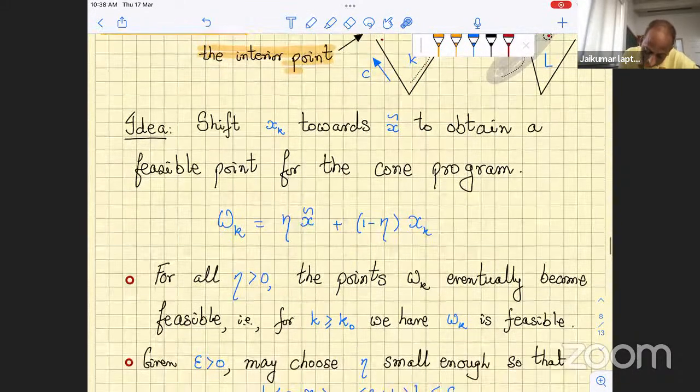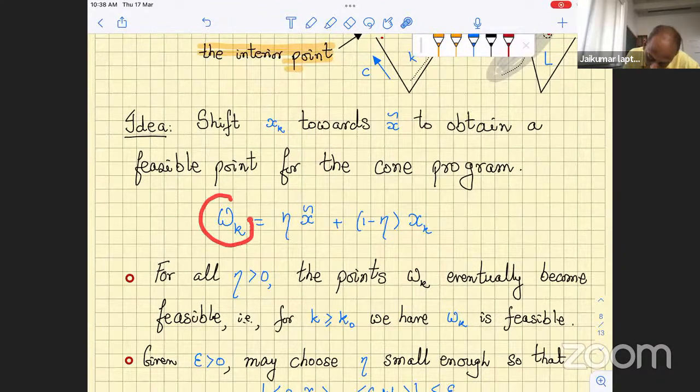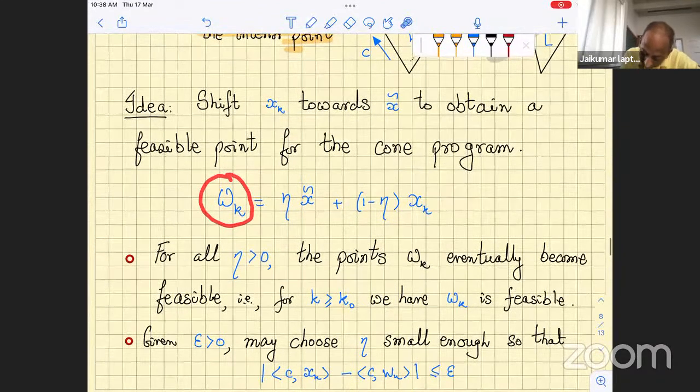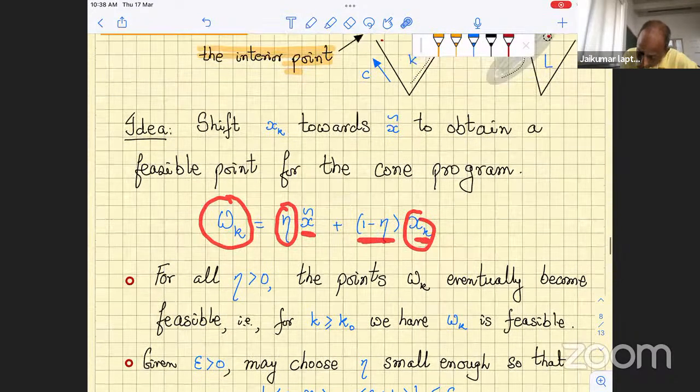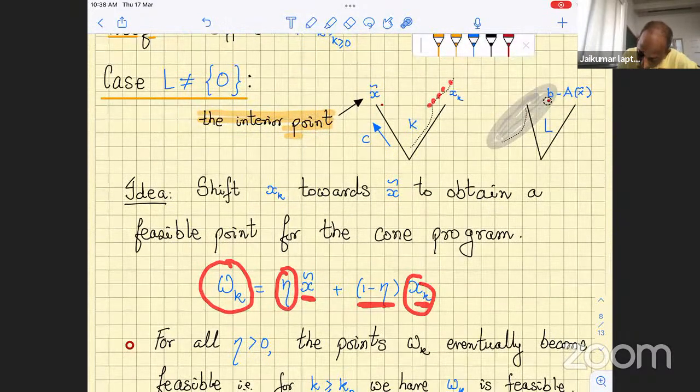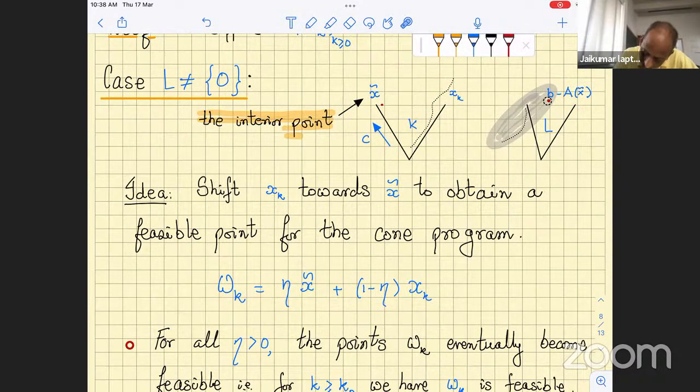And how do I do that? I define a new point wk, which puts a small weight on x tilde and the complementary weight on xk. What is xk? Xk are these points on this line. I hope it's clear. I have shifted this line slightly inwards.